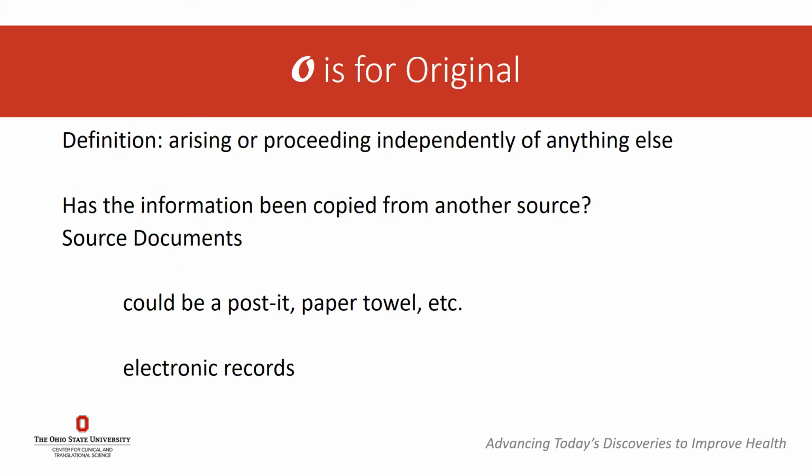I worked with a study, and I had a study nurse that when she was taking the vitals, she would take a Post-it and write the vitals on the Post-it. She was taking the patient from a scale over to a different place for the blood pressure, so she would write everything on a Post-it. That Post-it was actually the source doc.